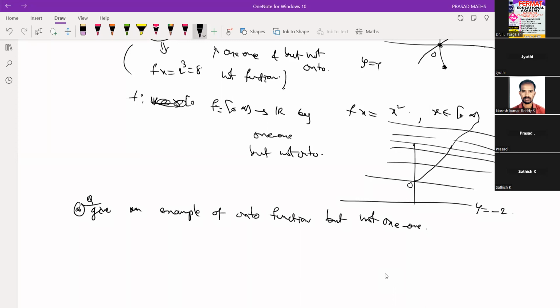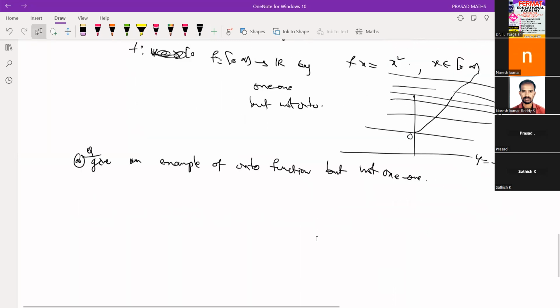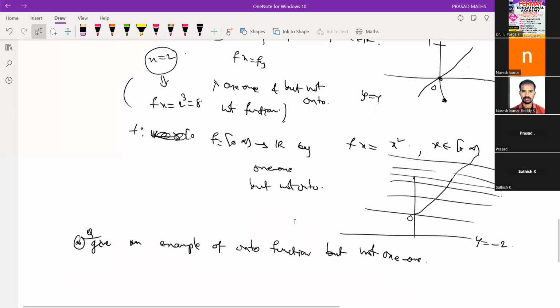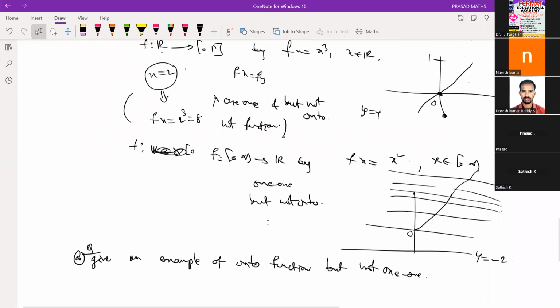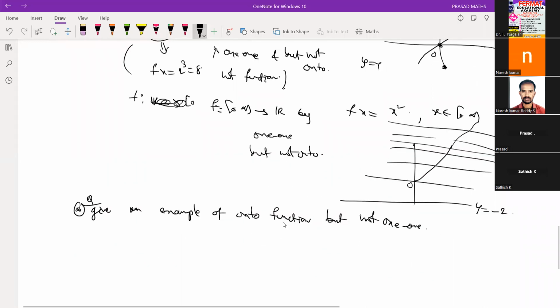See, sir, same function. Domain R, codomain closed 0 to infinity. Same function.